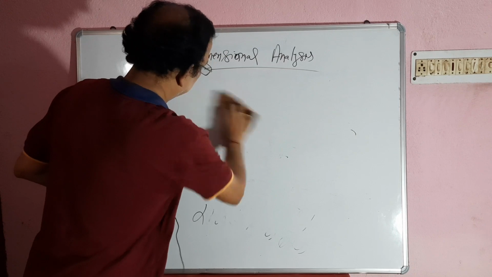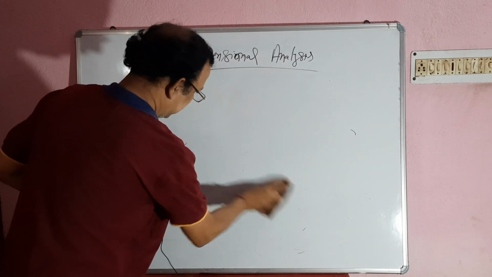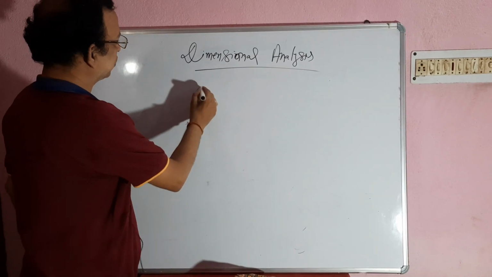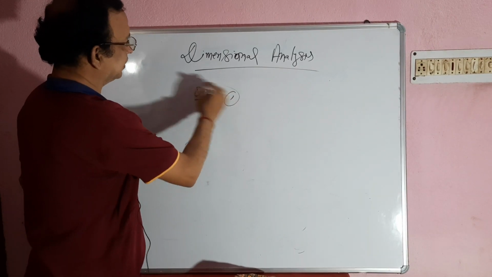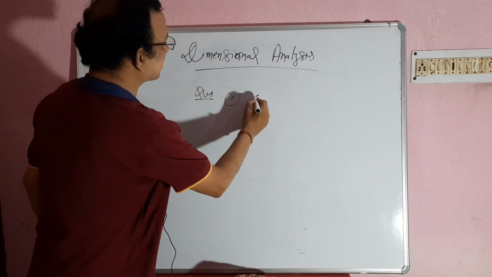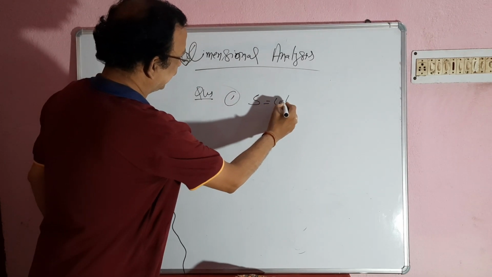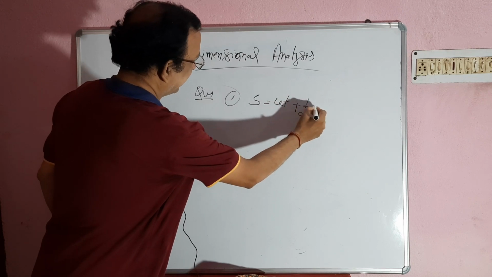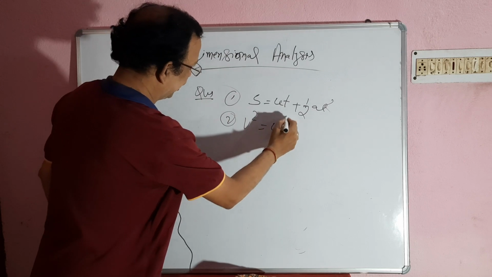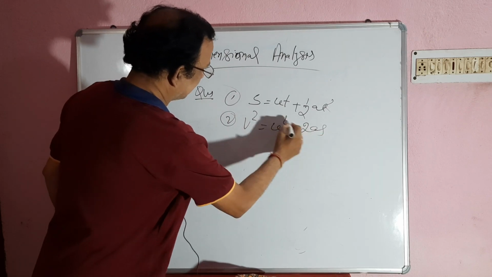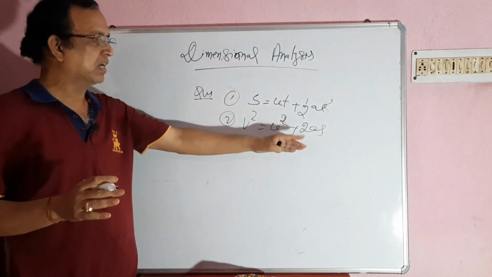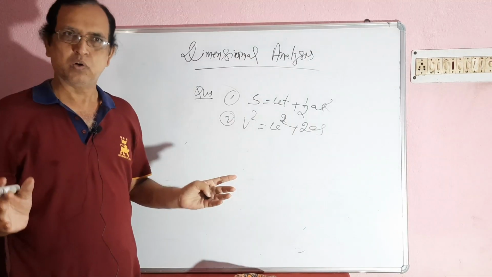For you to solve, the homework is to check the correctness of these equations by dimensional analysis: S is equal to ut plus half at square, and v square is equal to u square plus 2as. Okay, so these two questions are for you. Okay, thank you all.